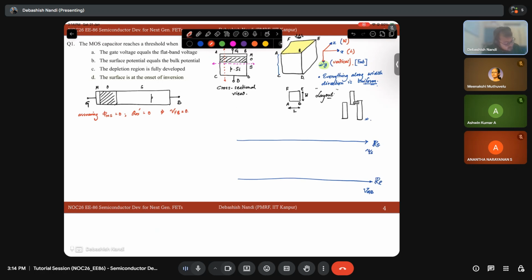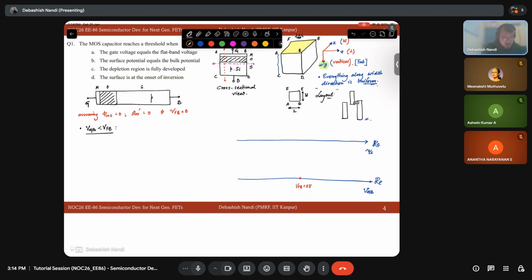So let's say this is a voltage that is 0 volt. Fine. Now let us consider a case when my VGB is less than VFB and try to draw the band diagram.